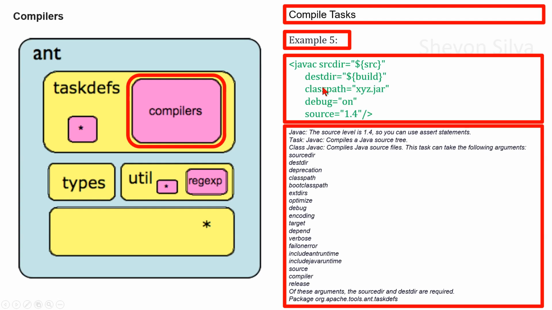The class path used includes xyz.jar and compiling with debug information is on. The source level is 1.4, so you can use assert statements.